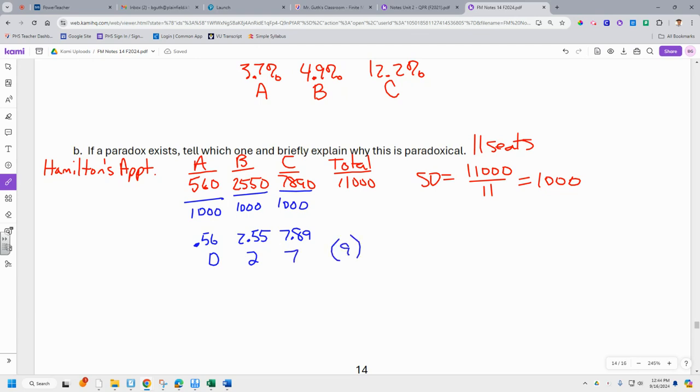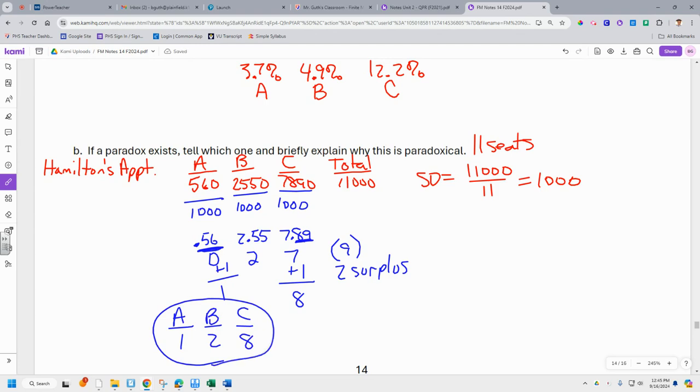That only adds up to 9. Looks like we have 2 surplus items. Give them out one at a time to the highest decimal. So this one gets 1 for being the highest, 0.89. And then next is 0.56. So Hamilton's apportionment says A gets 1, B gets 2, C gets 8.